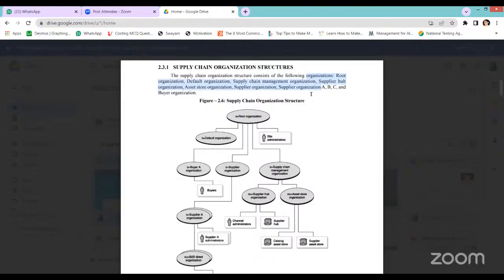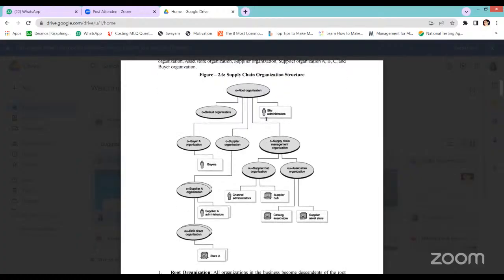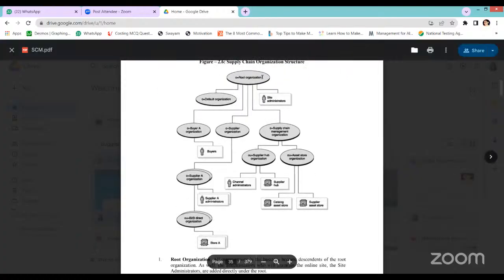Whatever the various organizations involved in this supply chain, all of these come under the root organization and default organization: supply chain management, supply chain hub, asset store, and supplier organizations like ABC supplier organization. Let us understand the same thing with the help of this root organization.